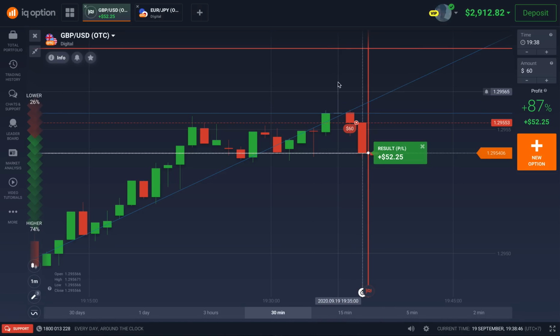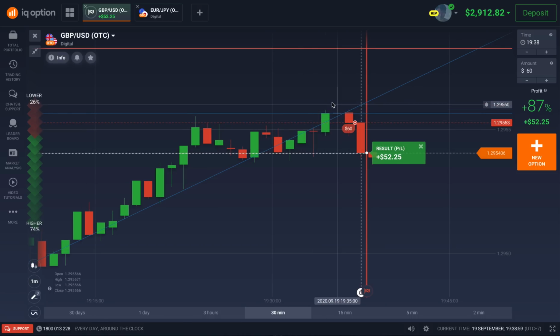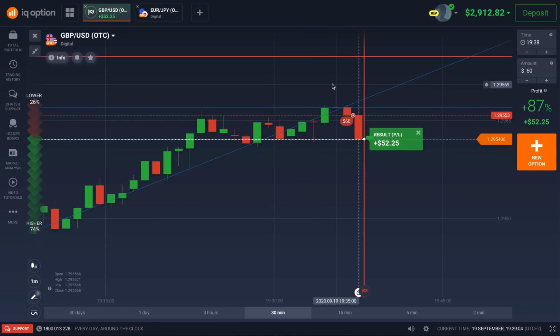We can see there's a long wick right here, a long tail on top, and then it created a bearish candle on the next one. We can see that the power of the sell is increasing, and it continued to increase its dominance into the next candle.